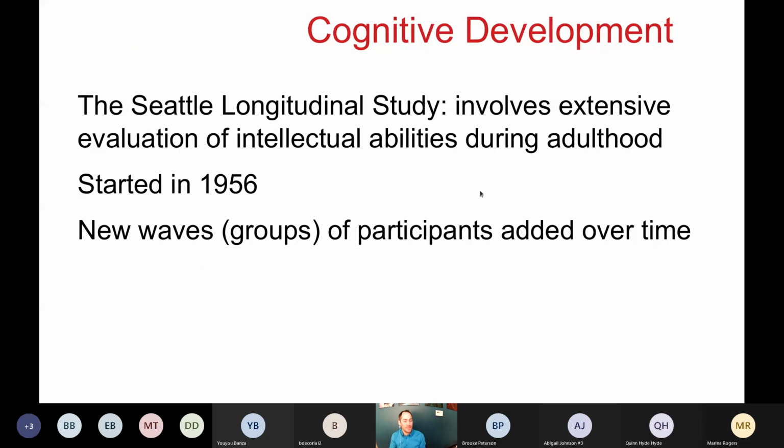All right, so let's talk about some longitudinal studies of cognitive abilities in middle adulthood. So the Seattle Longitudinal Study started in 1956, and with it, new groups of participants have been added over time. So what that does, you follow the original group for a long period of time.